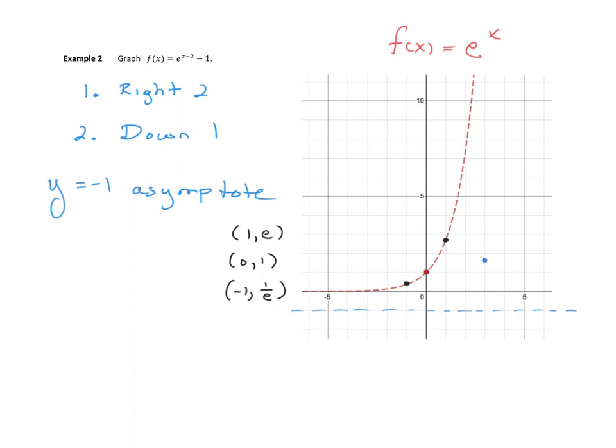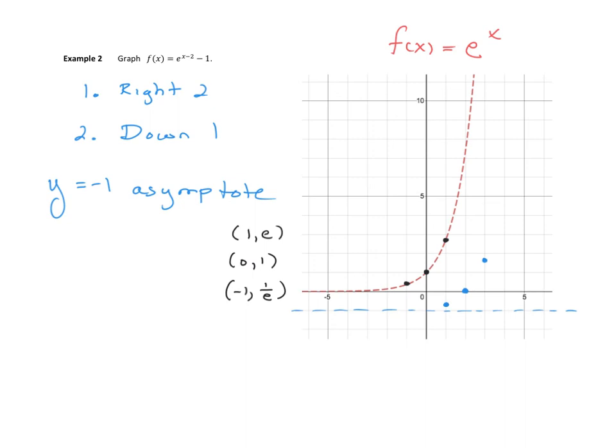This point will be nice to move. It goes right 2 and down 1. So that's here. That's the point 2 comma 0. And then lastly, this one is going to go 2 places to the right and then down 1, so roughly there.